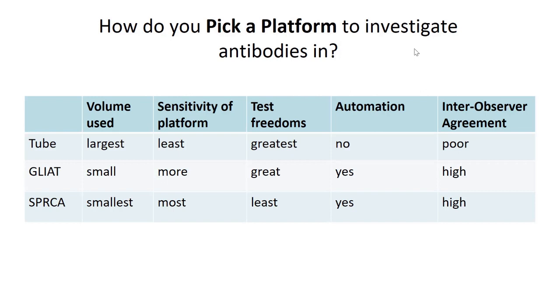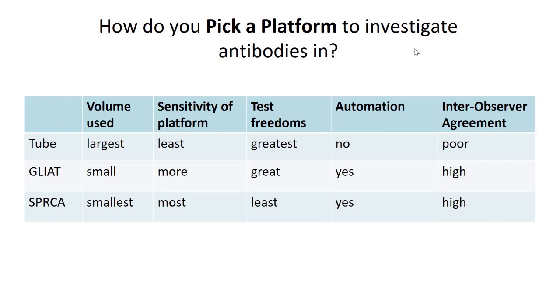You have freedoms when you work in tube as well as in gel microtube in terms of fiddling with enhancers or altering your cells. We have automation for gel and solid phase microtiter based testing.